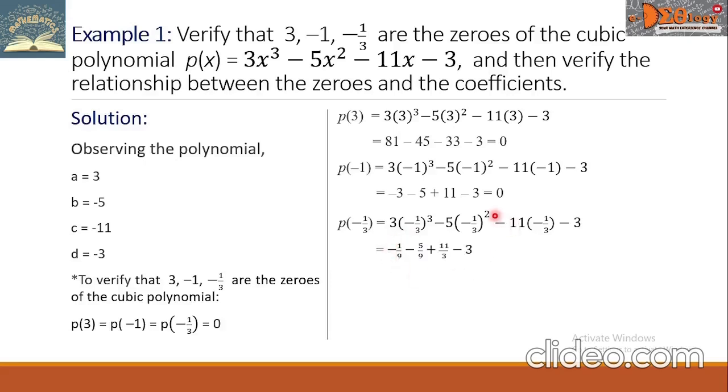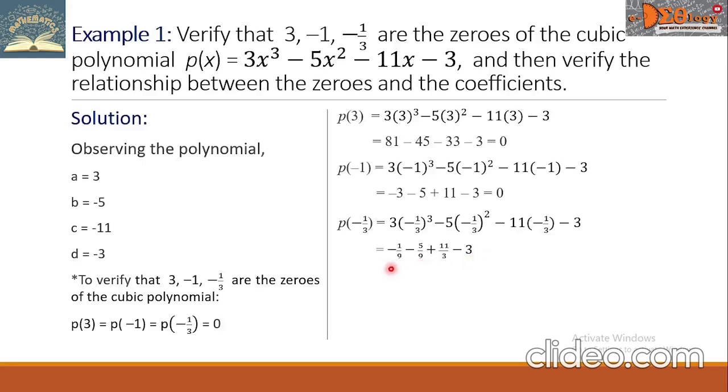Then, the square of negative 1/3 is positive 1 over 9. Multiplied by negative 5, we will have negative 5 over 9. Next, negative 1/3 times negative 11, we get positive 11 over 3, then the negative 3 follows.